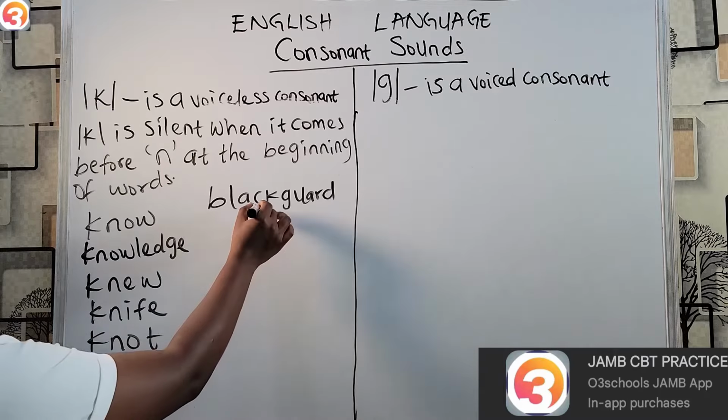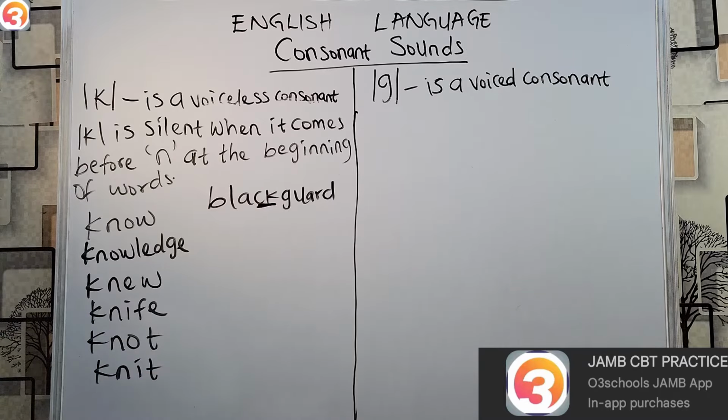We do not pronounce it blackguard. So the CK there is not pronounced. Then when letter K comes before letter N at the beginning of a word, the K is usually silent. So in these words, this consonant is absent. Although the letter K is there, the consonant sound is not produced.